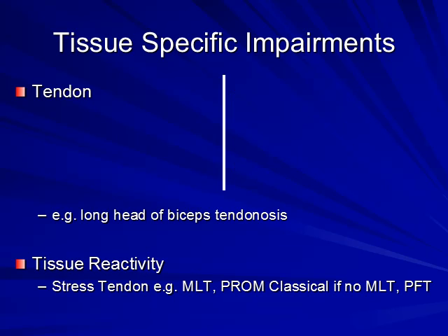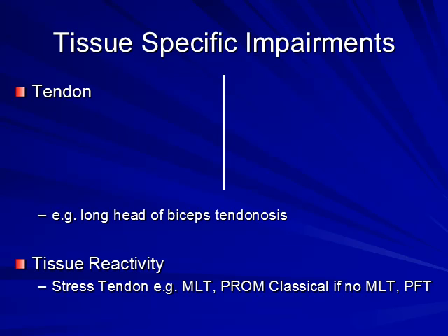Now, what would best stress that? Well, tendon is going to fit the same as muscle in that MLT is most likely going to be our first choice, passive range of motion classical. If that stresses it and we don't have MLT, either we weren't given that data or we are not able to actually perform the test due to our findings in subsequent exams such as MSTT. And if I didn't have those, then I would look at palpation for tenderness.